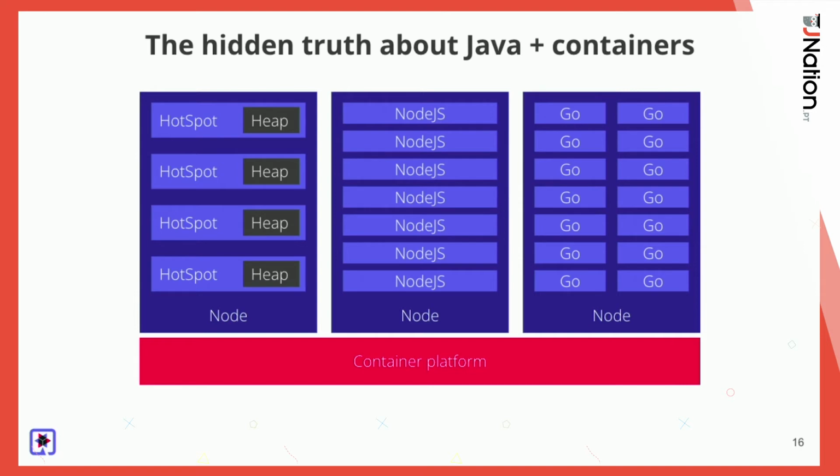So if you compare HotSpot and traditional Java applications running on the JVM to Node.js and Go, traditionally they use a lot more memory, and so you would have to have far fewer instances of the JVM running on the cloud than you would have Node.js and Go.